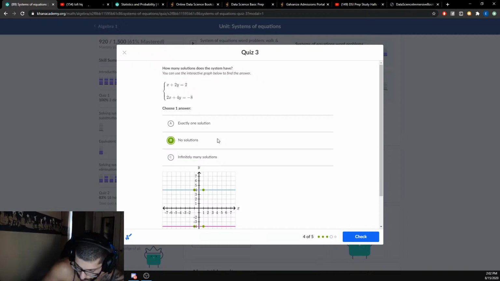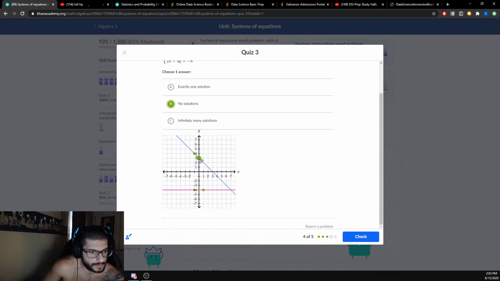So I just have to do 2y equals -x plus 2, divided by 2. y equals -1 over 2. So it's going to be -1, 1, 2.